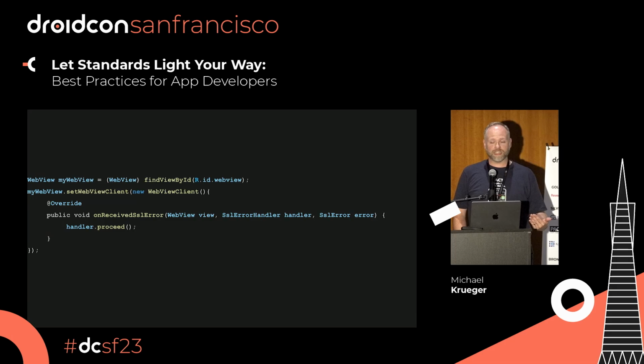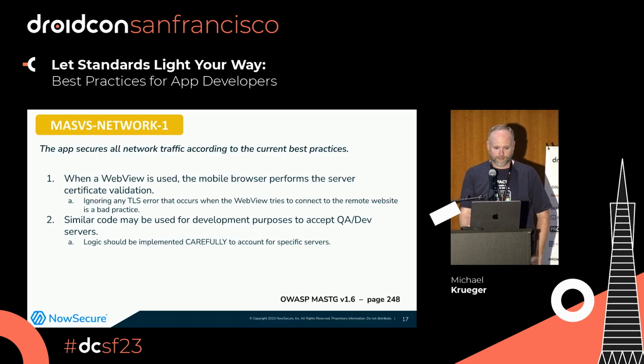What this does is all three of these applications were set up for what's called a man-in-the-middle attack or a network interception attack. So by this, what was normally HTTPS traffic, what was normally encrypted traffic, was now able to be intercepted at any point during the communication. So when a web view is used, as I said, the mobile browser performs the validation, but ignoring those errors is bad practice.